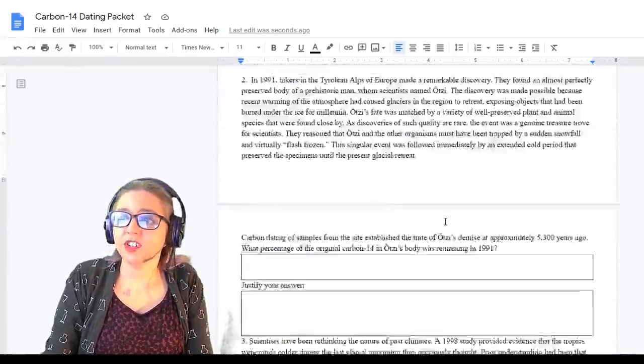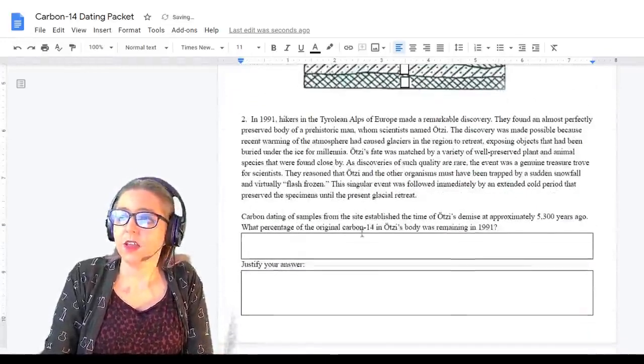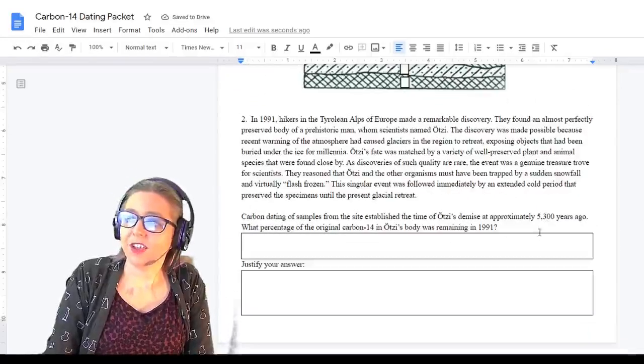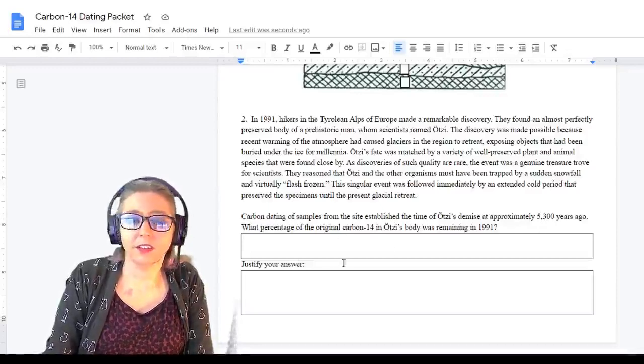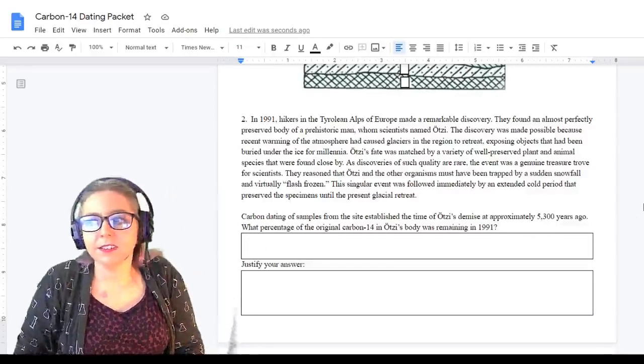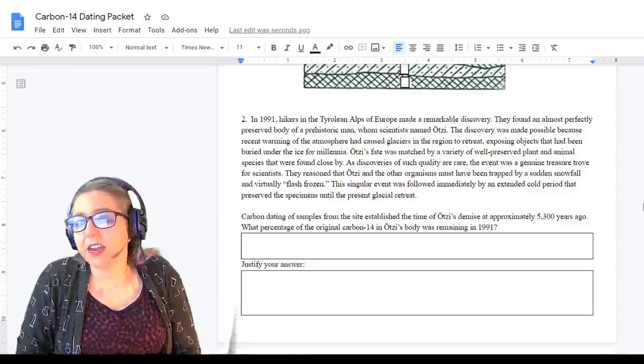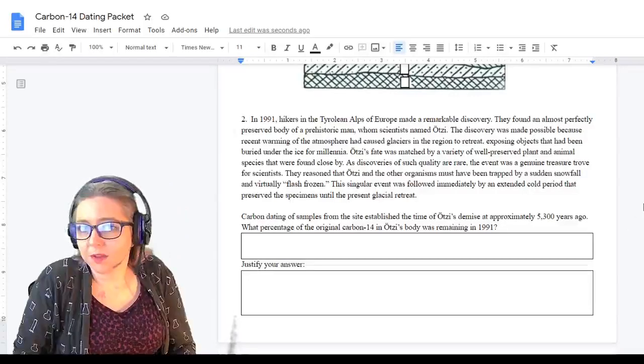Here it's asking you to justify your answer, so it isn't quite the same as showing your work. For instance, there's 5,300 years. So what percent is remaining? 5,300 years is not easily or evenly divided by the half-life of carbon.